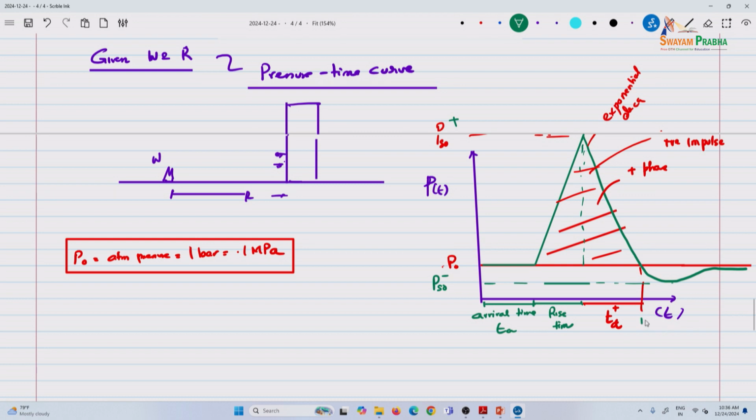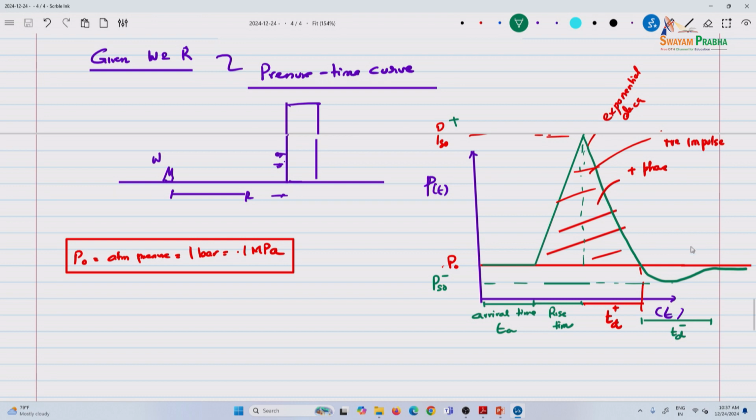And then you have the negative phase duration. This is not very important, the duration is not as important because the pressures are much lower, but it is important to consider the negative phases under certain design considerations, because it causes suction, and people forget that, and that can result in designs that could be not safe.